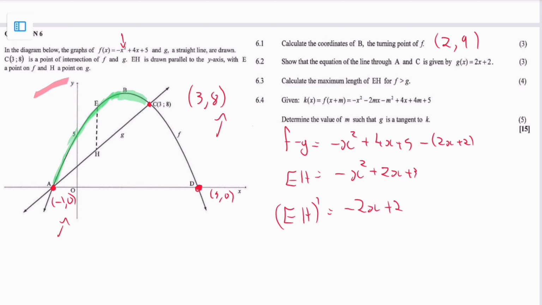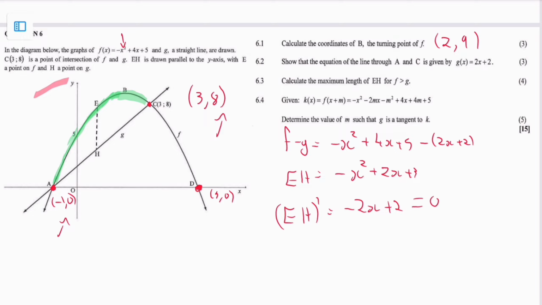Now we want the maximum length, so we want a turning point. The output of E of h is the length between f and g, so we want to find the x value that gives us that output.